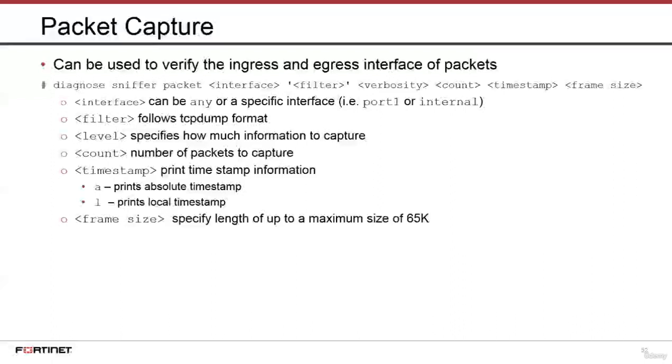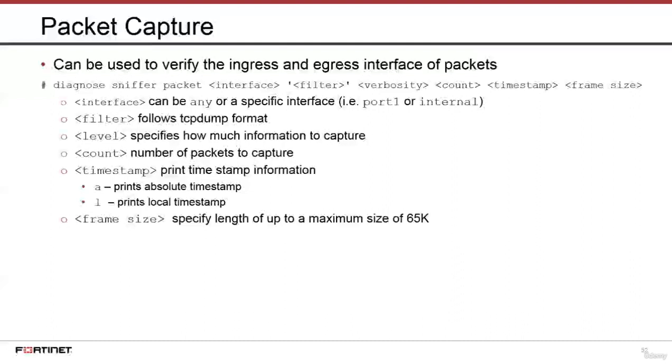The timestamp option can be used to print the timestamp information: use a to print the absolute timestamp, or lowercase l to print the local time zone based timestamp. Timestamp information is particularly useful when correlating sniffer output to debug flow messages.